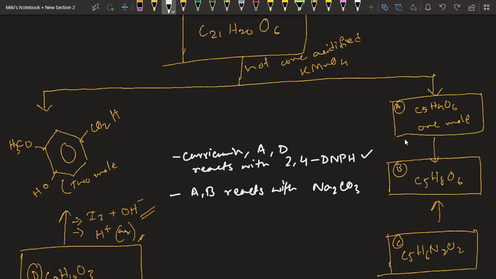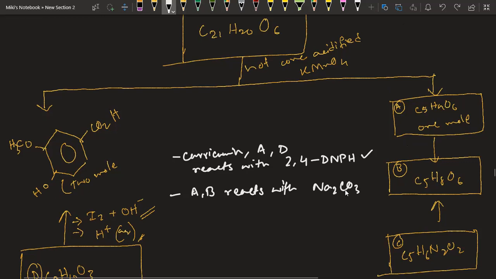Basically, we identify the carbonyl compounds. Carbonyl compounds are what? Those are aldehyde and ketone. These two molecules both tend to react with our 2,4-DNPH. Now let's try to solve it.